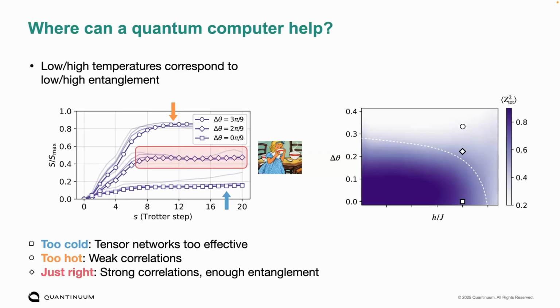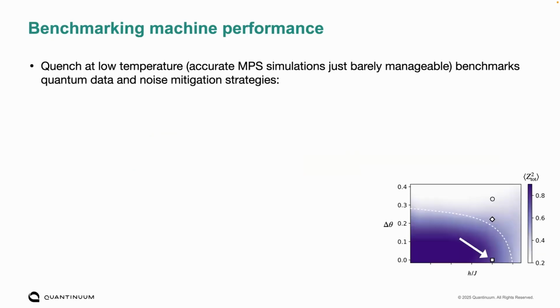So what we did in the work that I'll show you is we actually ran two quenches, one at low temperature that we use as a benchmark quench because we know that classical methods will be reliable there. And then another one at higher temperature where we studied pretty systematically how accurate we believe the results are and also what the best classical methods were and how they compare to what can be done on a quantum computer. And so here's what you see if you do a low temperature quench.